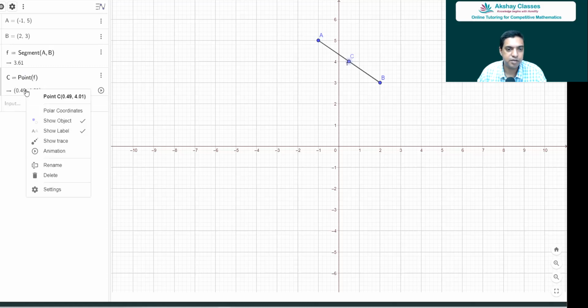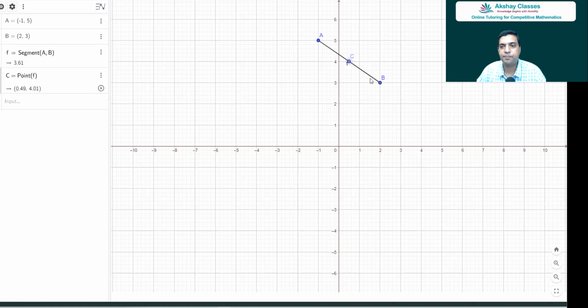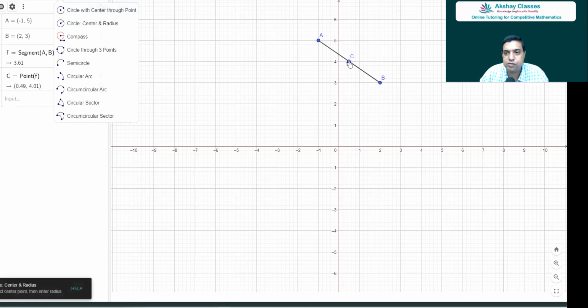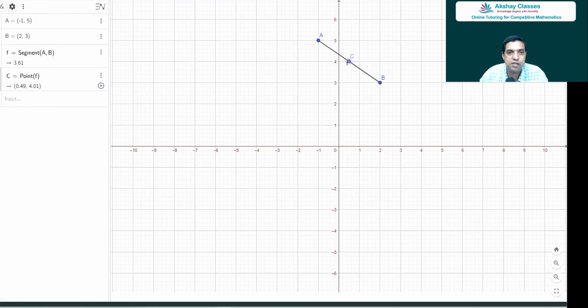I'm not able to edit. So anyway, this is close enough. Now I'll draw this in the center radius form. There's a circle.